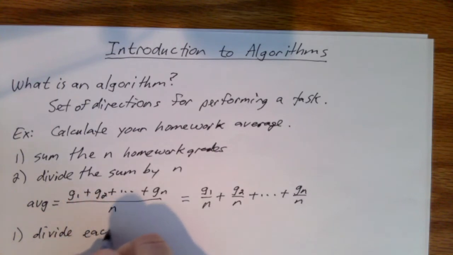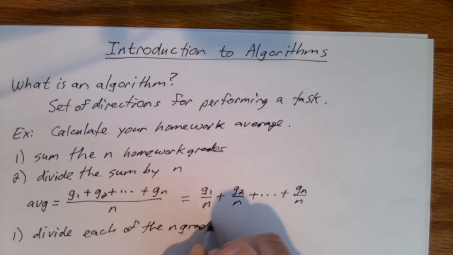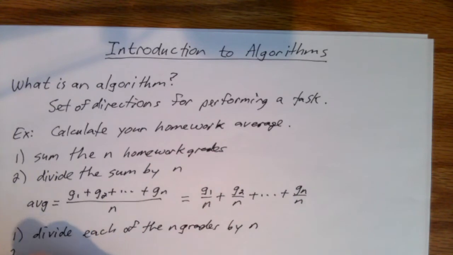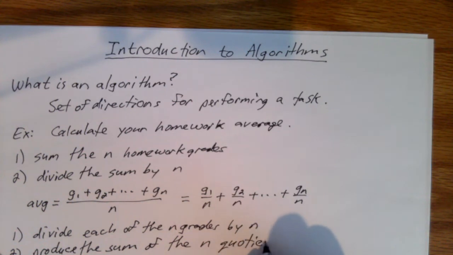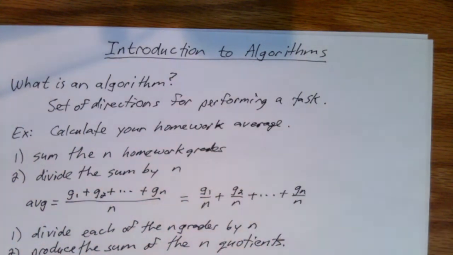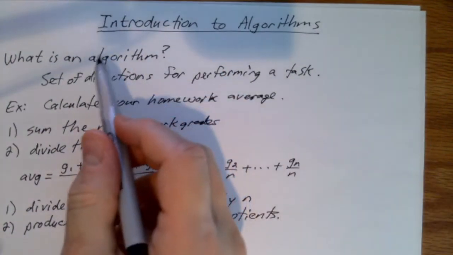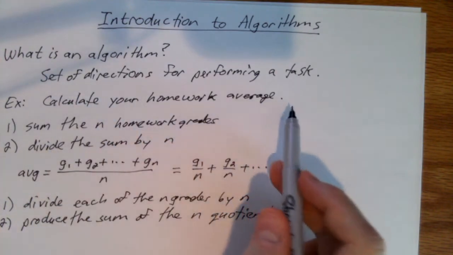Divide each of the n grades by n, and then produce the sum of the n quotients. Each of these is a quotient, right? So this is an example of an algorithm. Actually, these are two different algorithms for performing the same task.